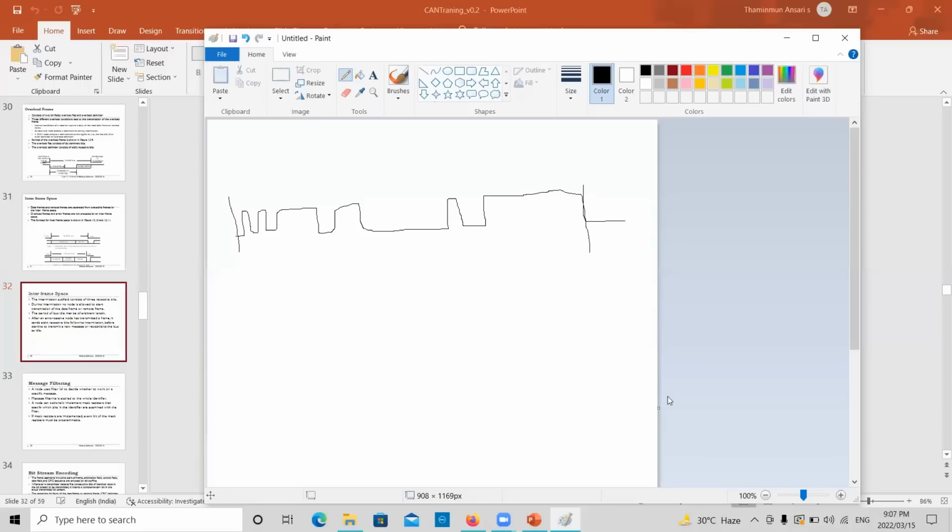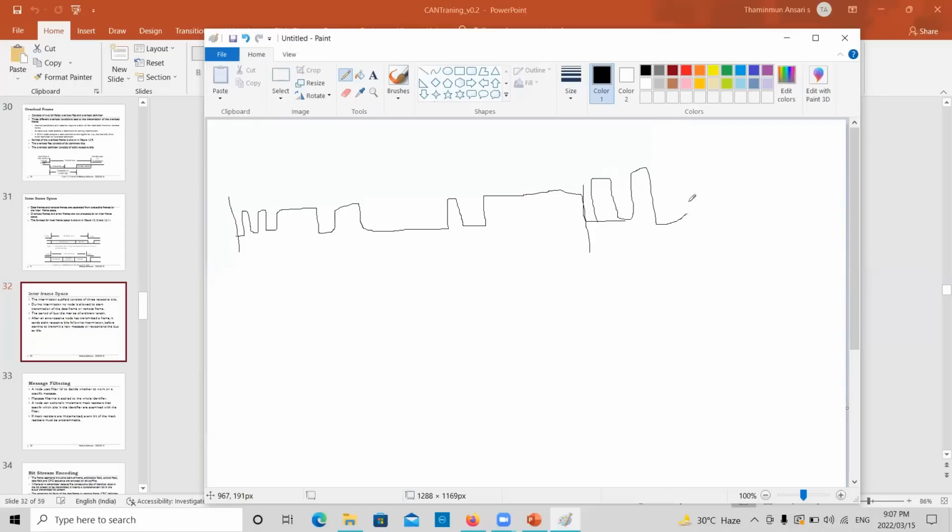If I start another frame immediately at this place, with a start of frame and other stuff, what will happen? Assume there is a fluctuation. Because of that, the receiver is reading from this place. So there is a possibility of misinterpretation. It will sample in a wrong way.